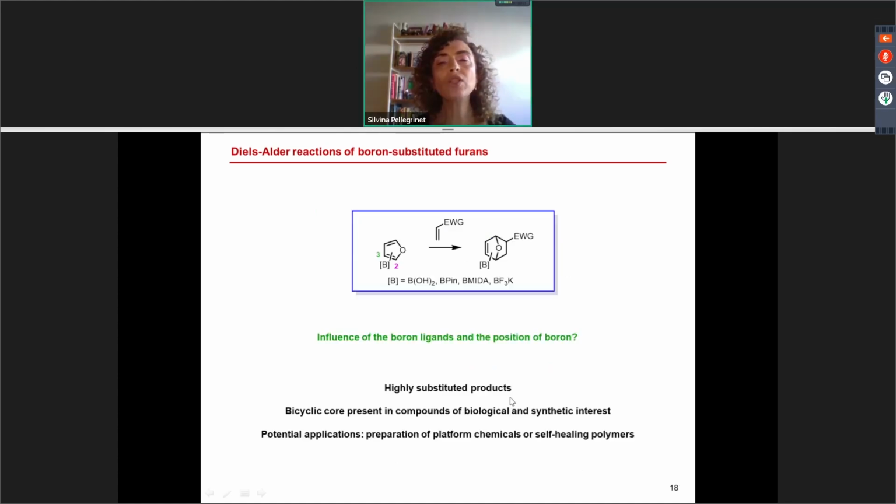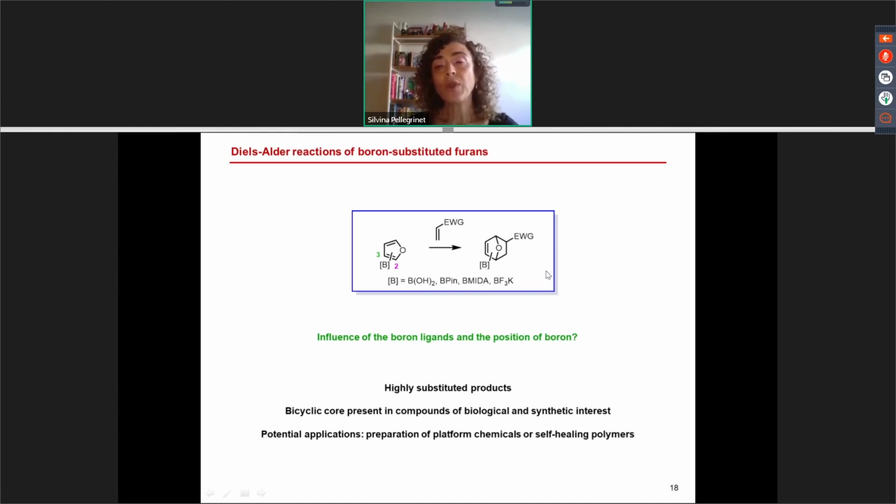So what we wanted to see was the influence of the boron ligands on the reactions of these boron-substituted furans, and also the influence of the position.